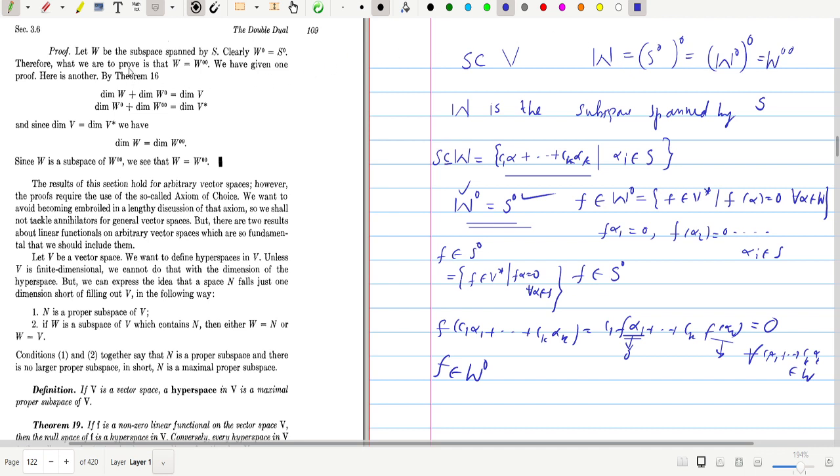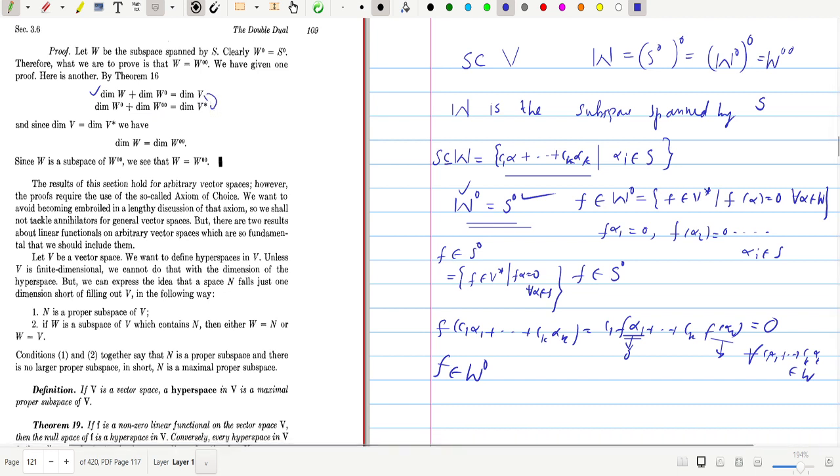That is so trivial because we have already seen that dimension of W plus dimension of W naught is equal to dimension of V. Okay, and if we apply this to W naught, then dimension of W naught plus dimension of W double naught is equal to dimension of V star. The domain is V star, but we know that these two quantities are the same: dimension of V and dimension of V star are the same.